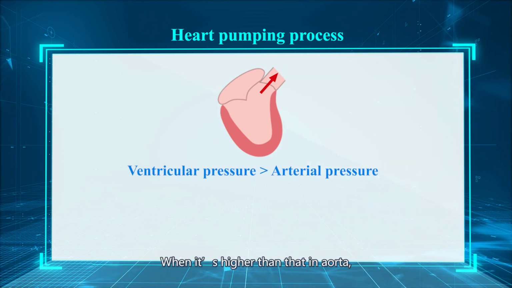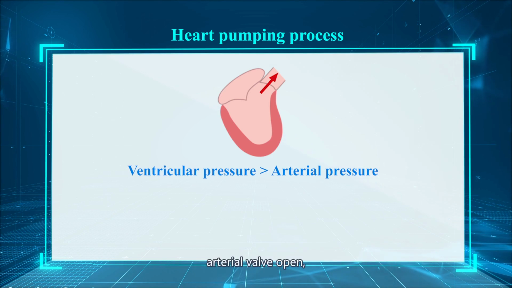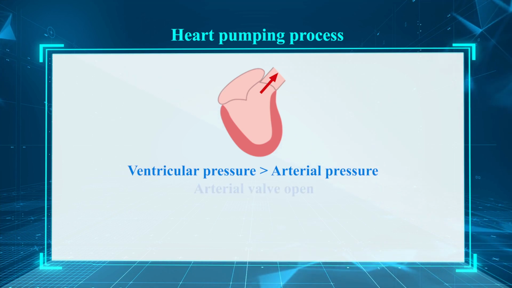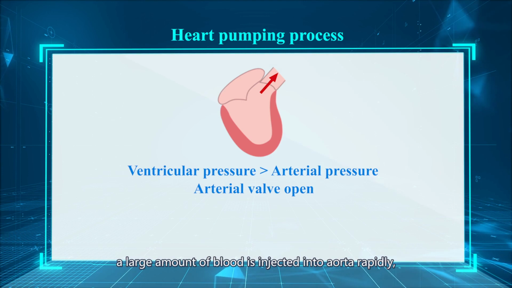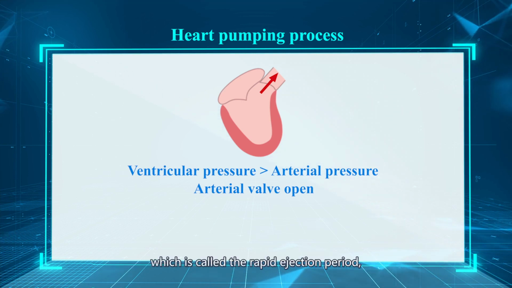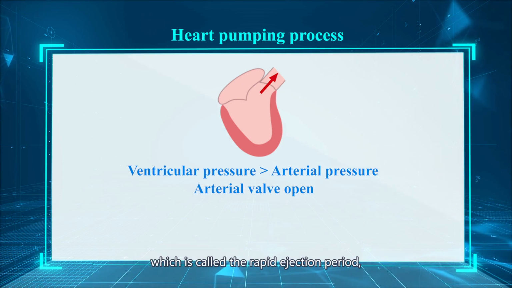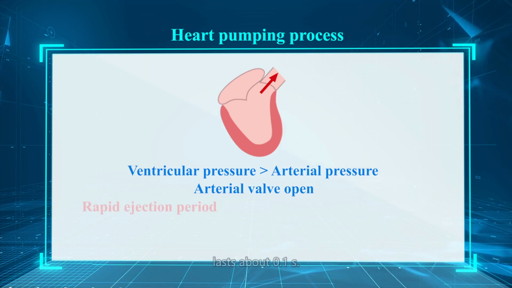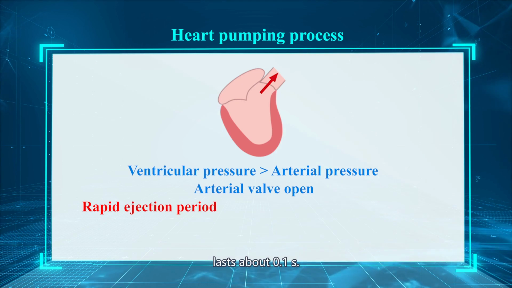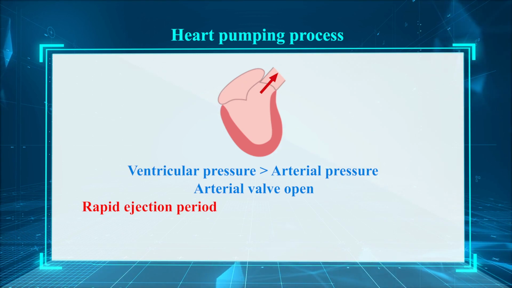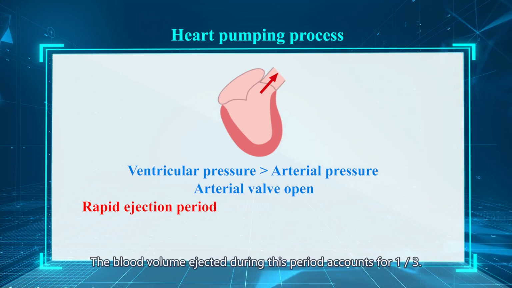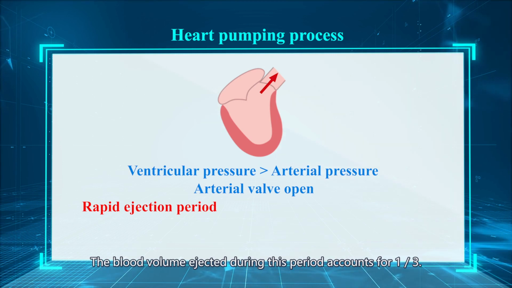The pressure continues rising with ventricle contracting. When it's higher than that in aorta, arterial valve opens. A large amount of blood is ejected into aorta rapidly, which is called the rapid ejection period. Lasts about 0.1 second. The blood volume ejected during this period accounts for 2/3.